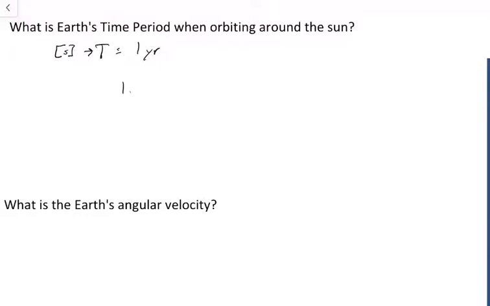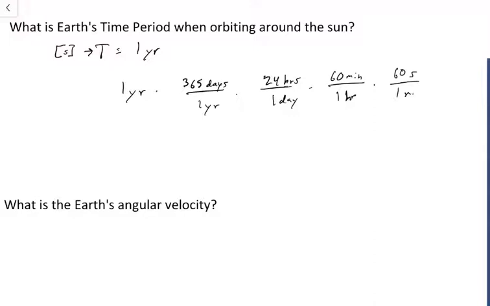So I will have 1 year times, well, how many days are in a year? There's 365 days in a year. And then I know that in 1 day, there are 24 hours. And then in 1 hour, there's 60 minutes. And in 1 minute, there's 60 seconds.